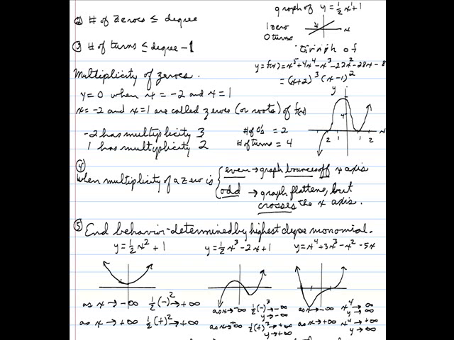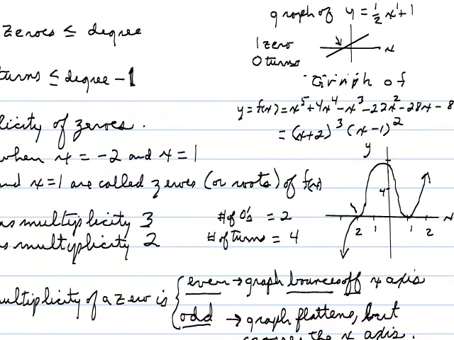Now, a 0 of a polynomial is a value of x that makes y 0. So you can see here if x was negative 2, that would be a 0. And over here, if x was 1, that would be a 0. And you notice in the graph I have two spots where the graph hits the x-axis, and that's negative 2 and 1. These 2 points right here are my zeros of my polynomial. Now, this particular 0, negative 2, occurs in a product 3 times.